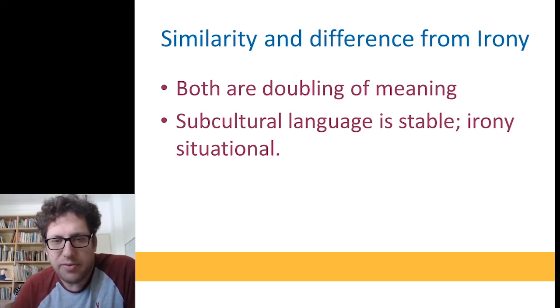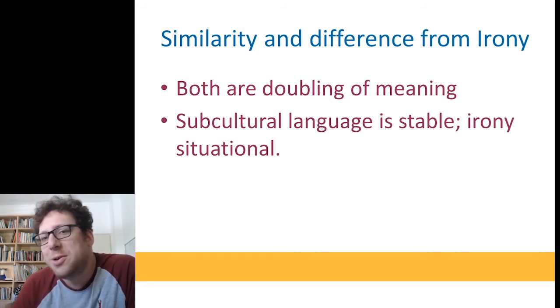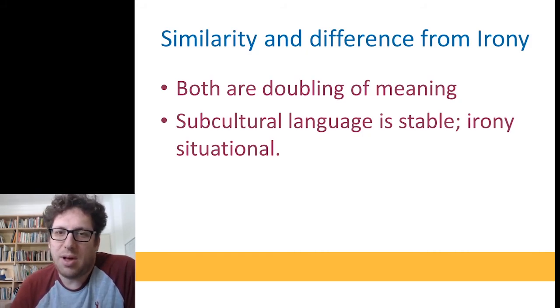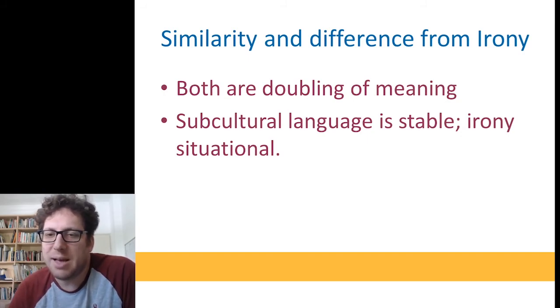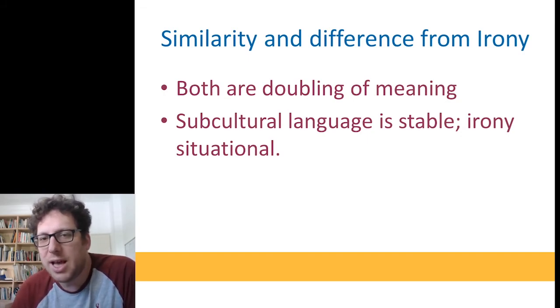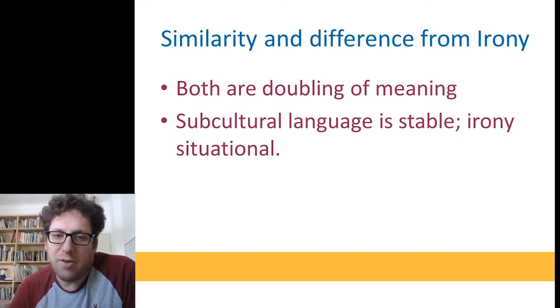But the difference is that irony is situational. At one moment, you're saying, you're such a good cook, honestly, sincerely, and in another instance, you can say the exact same words, but because of the way you say them, the context of a bad meal, then it's ironic.